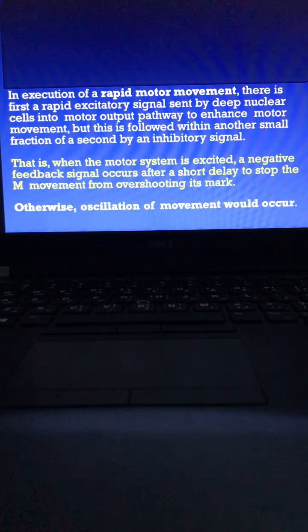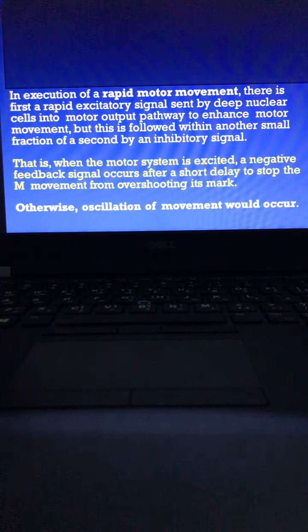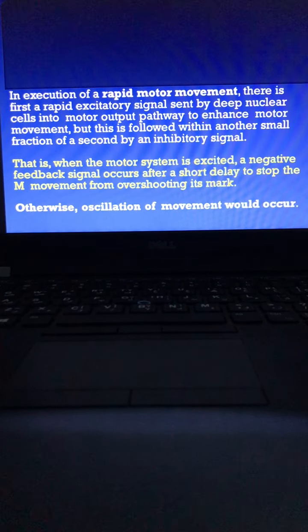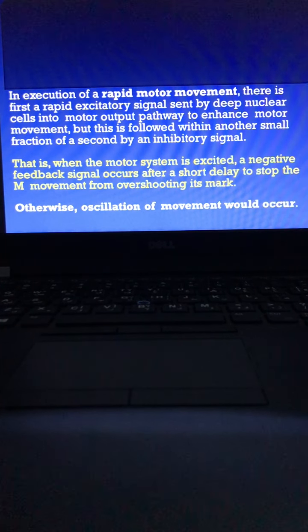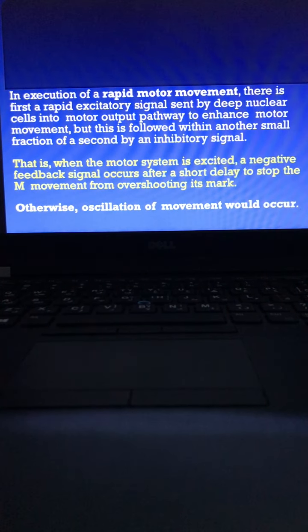In execution of a rapid motor movement, there is first a rapid excitatory signal sent by deep nuclear cells into the motor output pathway to enhance motor movement, but this is followed within another small fraction of a second by an inhibitory signal, as we said.